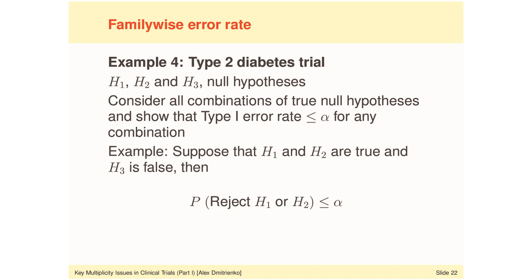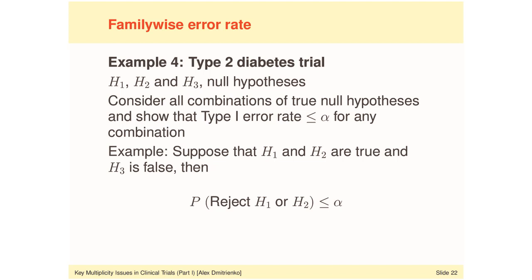And to control the family-wise error rate in a strong sense in this trial, we need to consider all possible combinations of true null hypotheses and show that the type 1 error rate is less than or equal to the pre-specified alpha level for any one of those combinations.